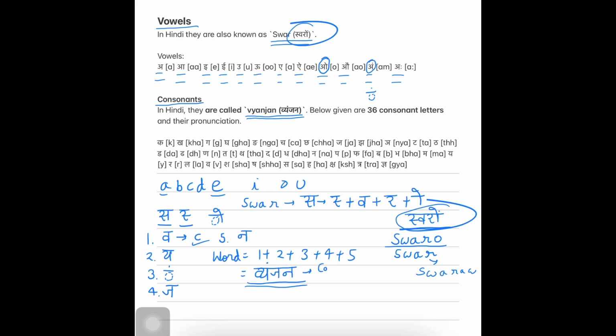Vyanjan, meaning consonants. However, an interesting thing to note here is that in Hindi, Vyanjan also means dishes, that is food dishes, right? American food, American Vyanjan, Chinese food, Chinese Vyanjan.